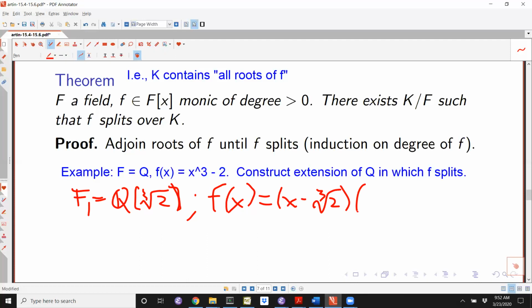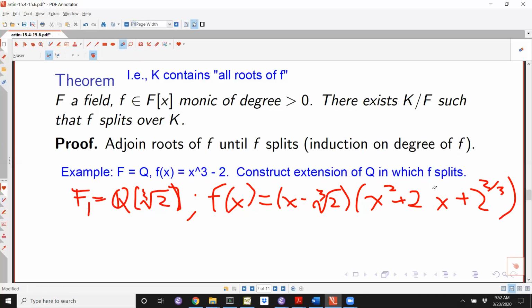Right. And now what you get here is sort of not obvious, but you get x squared plus 2 to the 1/3 x plus 2 to the 2/3. I think that's right.